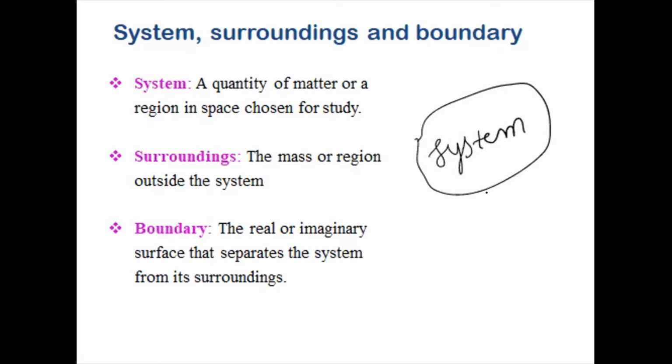And outside of this system, the mass or region, we call the surroundings. And the real or imaginary surface that separates the system from its surroundings is called the boundary. So this will be your boundary.